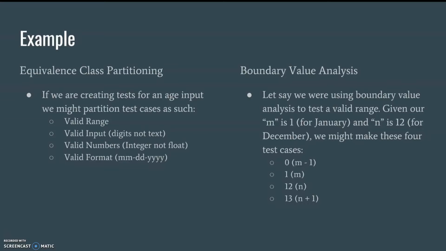In the boundary value analysis, we would look more specifically at the boundaries between those partitions. So if we were looking at the month, we would know that M is January or 1 and N is 12 for December. We would test both 1 and 12 as inputs, but we would also test 0 and 13.